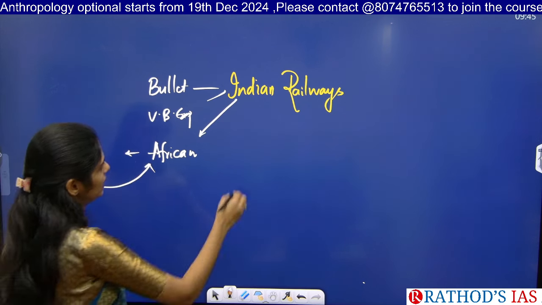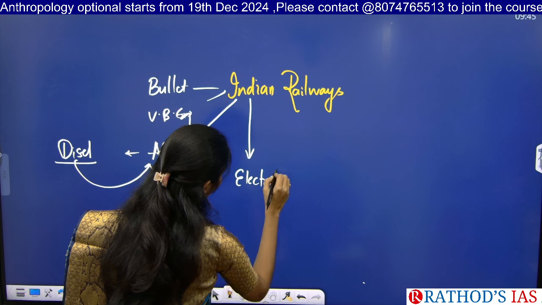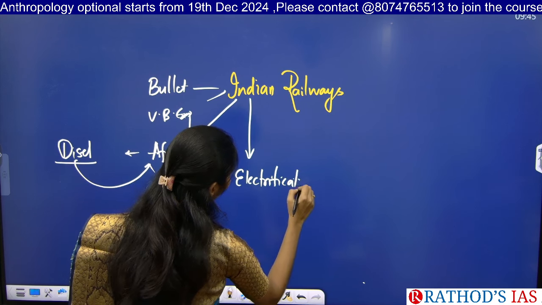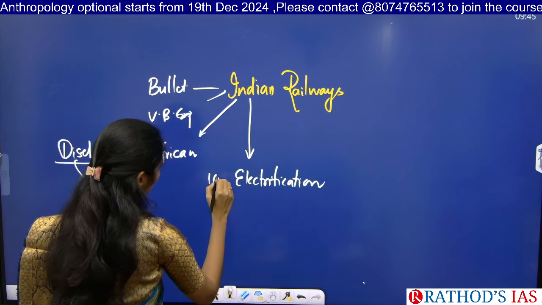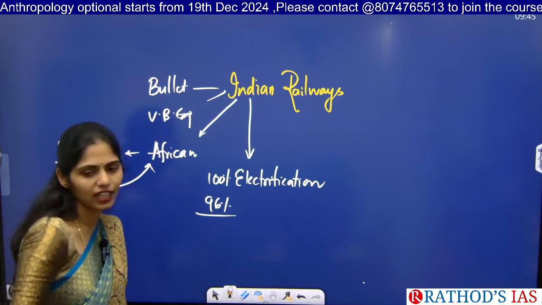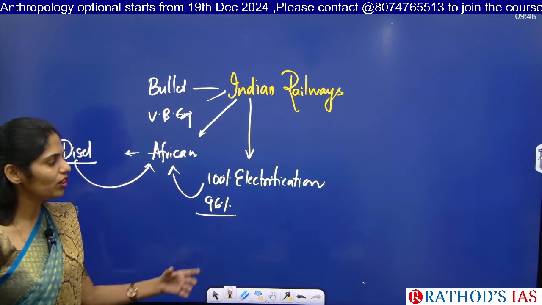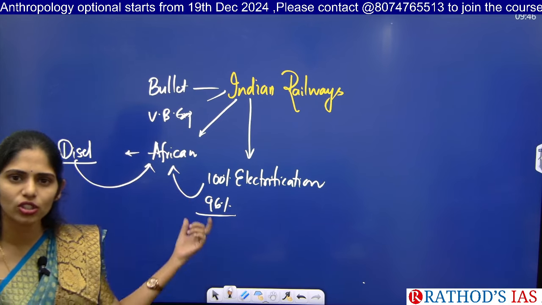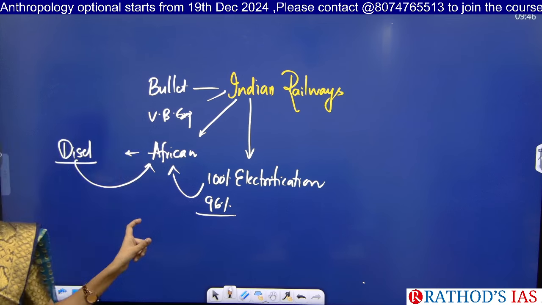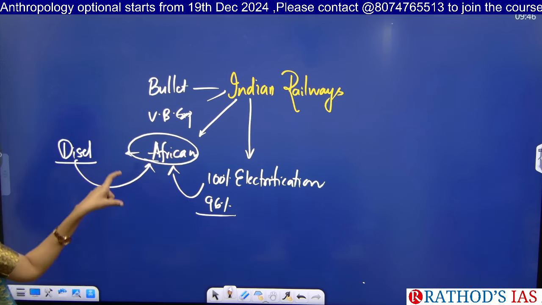This article is saying that we want to go for 100% electrification of Indian railways. As of now, 96% electrification has been done. The recent development is that whenever we go for complete electrification, there is no need to use diesel-based engines, so we are exporting diesel-based railway systems to African countries.